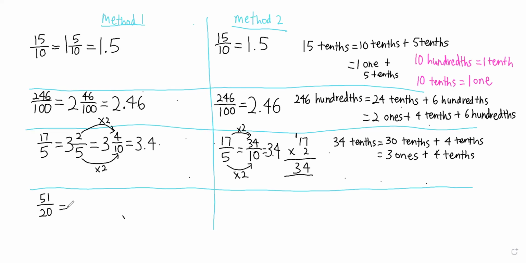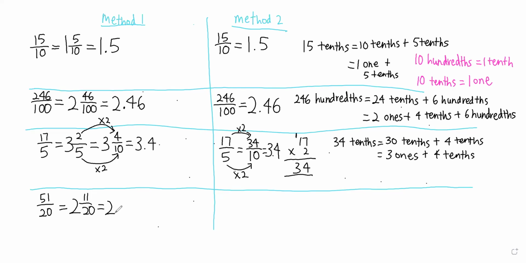So like what I did for the previous cases for method 1, I will convert it into a mixed number. In this case, that will be 2 wholes, 11 out of 20. Then I need to convert the fraction part into either denominator 10 or 100. So in this case, of course, I can't convert it into denominator 10.